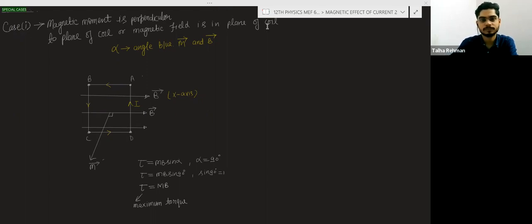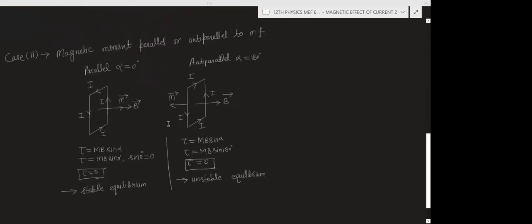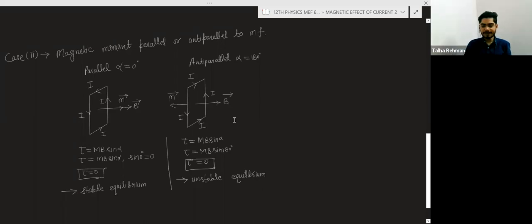Just note this down. This arrow is telling the direction of the magnetic moment. This magnetic moment and the magnetic field both are vector quantities, and vector quantities are those having direction as well as magnitude. Like displacement, velocity, acceleration, and torque are vector quantities.